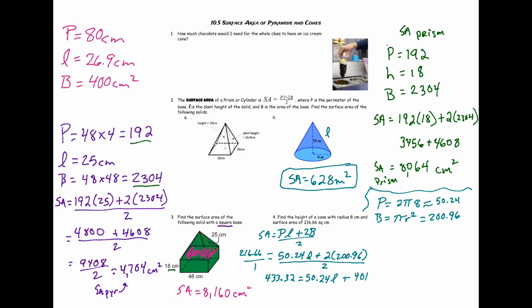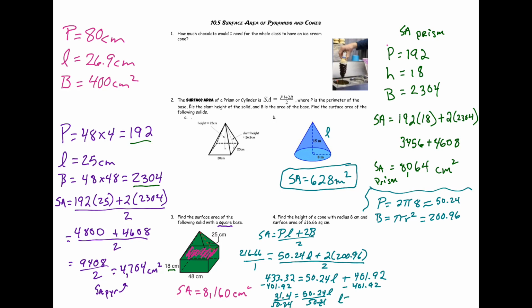All right, and then we're just solving for that lateral height, so subtract 401.92 from both sides. All right, and when we do that, we get 31.4 is equal to 50.24 L. And if you haven't guessed yet, our lateral height is going to be very, very small. So then we divide by 50.24 on both sides.